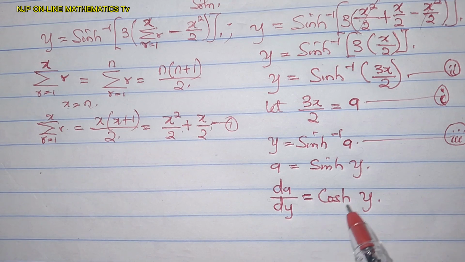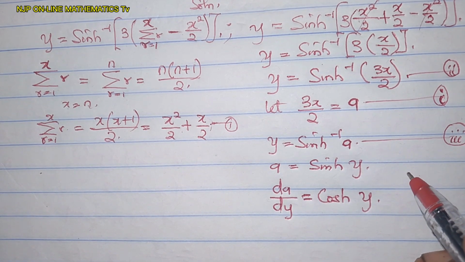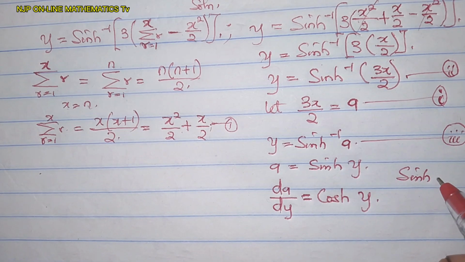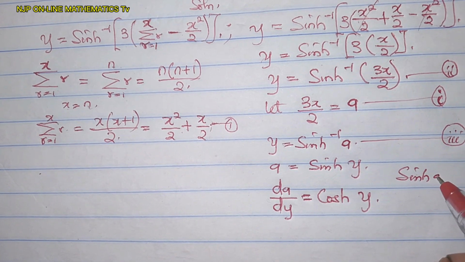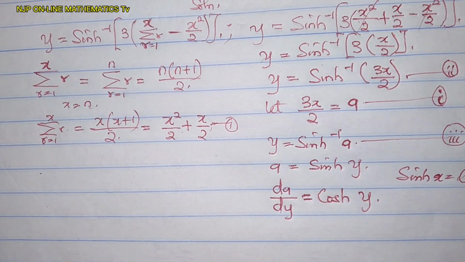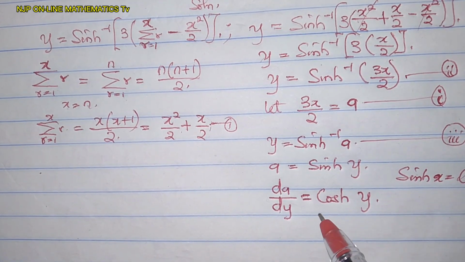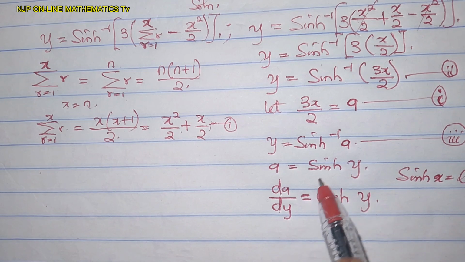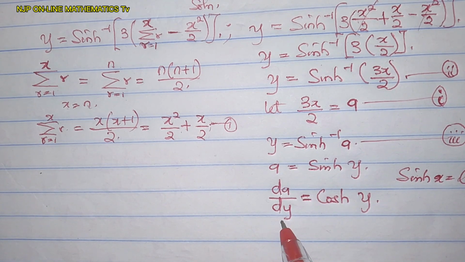We have this because if we differentiate sine of an angle, let's call it x, then we'll have the cosine of the angle x. Therefore, after we had sin y, we differentiated it and we have cos y.